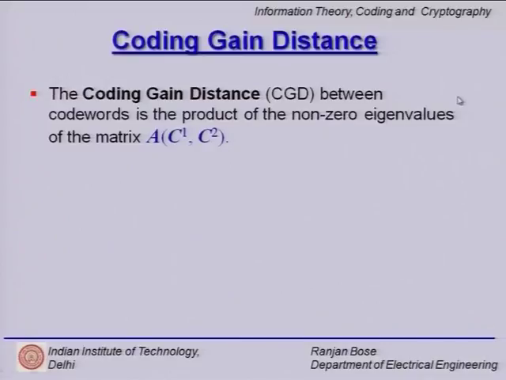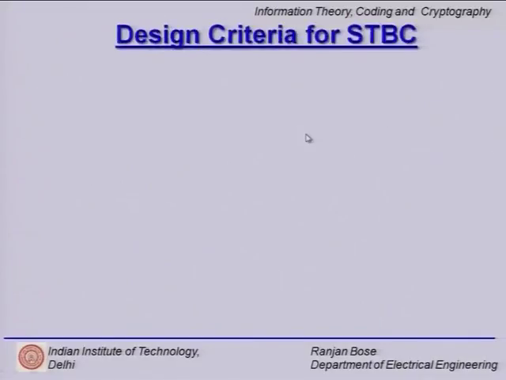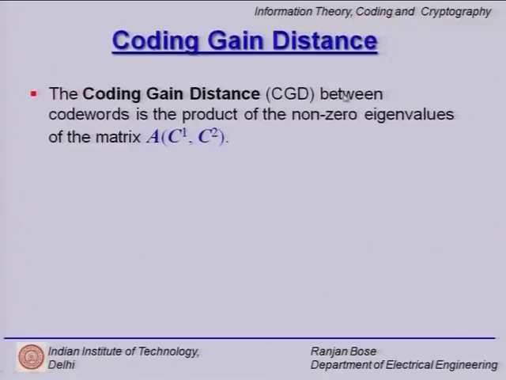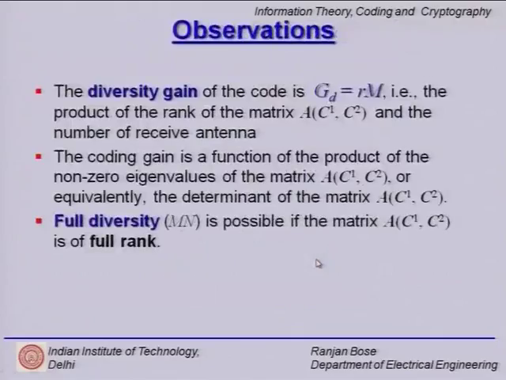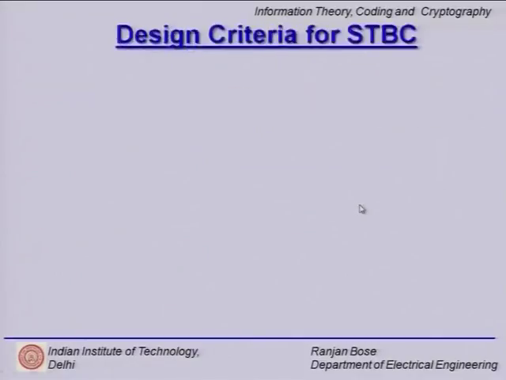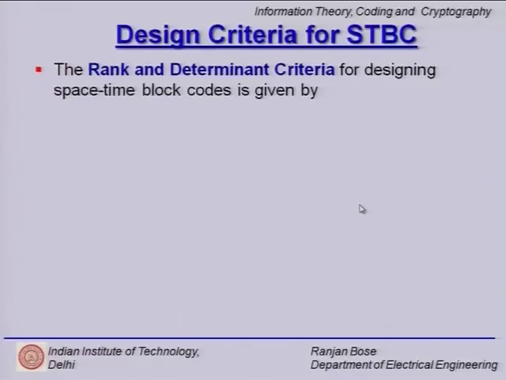Coding gain we have studied earlier also, but we revisit it. The coding gain distance between code words is the product of the non-zero eigenvalues of the matrix A. So, we see from this expression that space time block codes can provide you with diversity gain and coding gain, depending upon how you have designed this matrix A. Let us now summarize the design criteria for space time block codes.